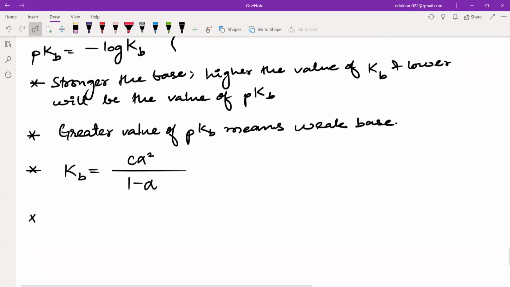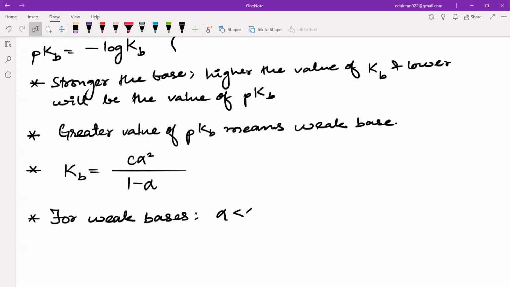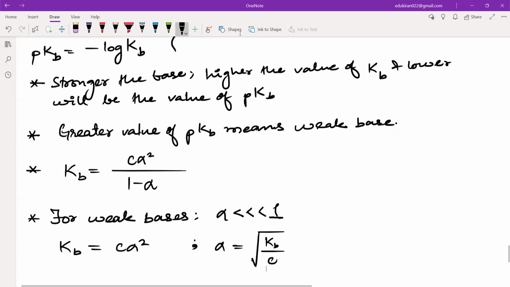And for weak bases, alpha is very, very smaller than 1. And hence we can write that Kb will be equal to C alpha square. And we can also write alpha will be equal to under root of Kb divided by the concentration. C is the concentration of the base.